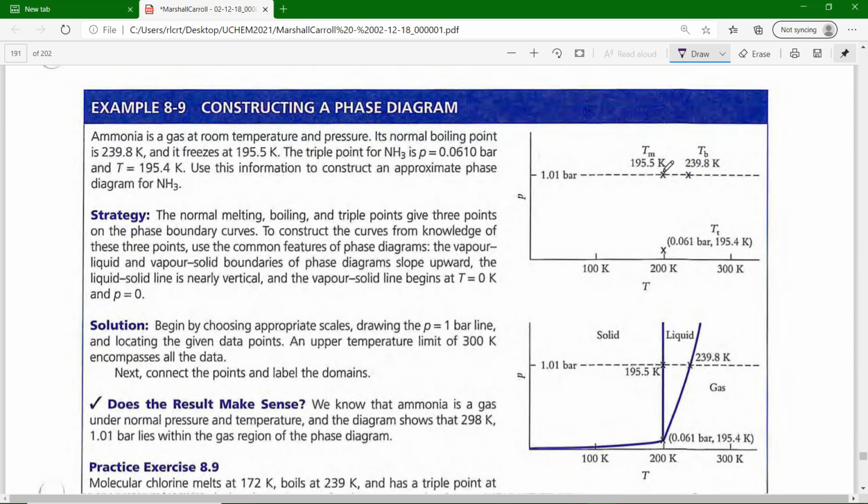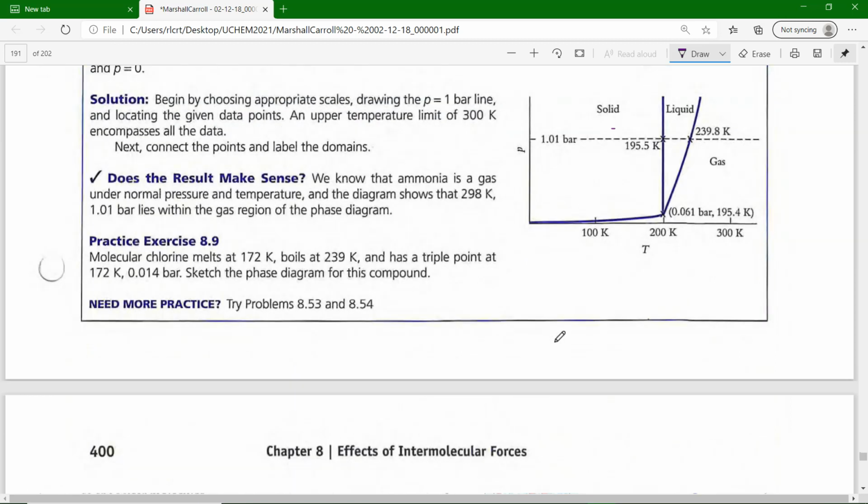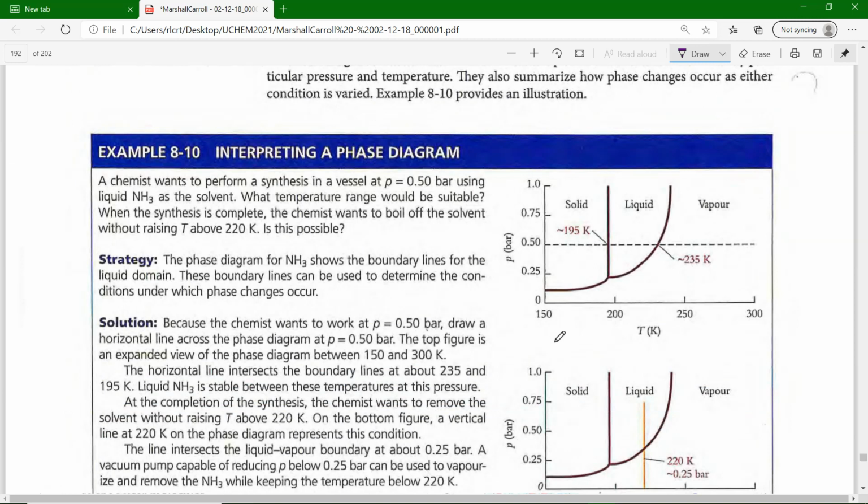Normal, so 1.01 bar, melting point 195, boiling point 239, triple point 0.061 bar, and then you start connecting things up. Sometimes the scale has to go out of whack. Sometimes you break a scale, but otherwise you couldn't get everything on the graph. So you can get some practice on that.